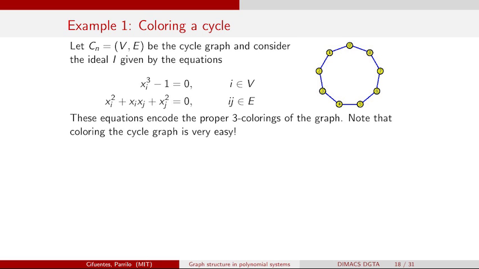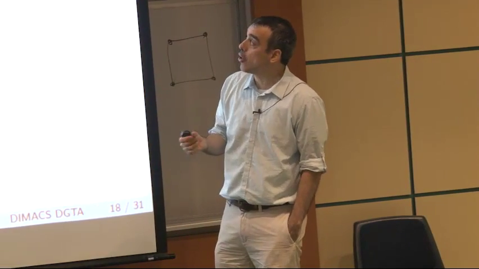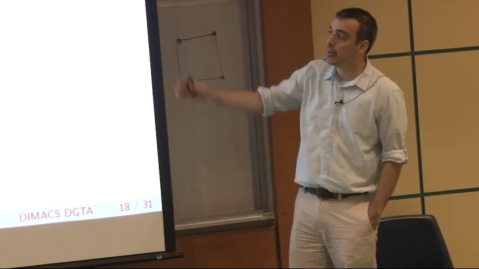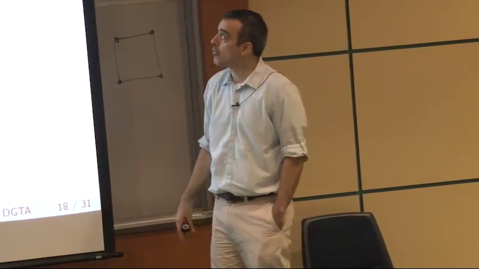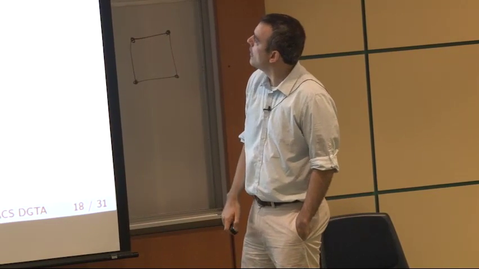Then I can write a compatibility condition that says whenever I have two variables x_i and x_j along an edge, they have to be different. If you write down what that means, this polynomial vanishing means exactly that I assign different colors. So these equations exactly encode all the proper three colorings of the graph. If you count the number of solutions, it should be exactly the number of colorings of this graph.